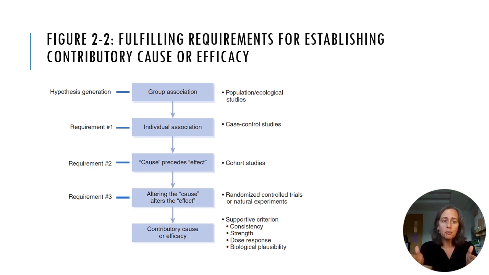Does the cause precede the effect, with those cohort studies where we enroll a bunch of people, some with a risk factor, some without, follow them over time and see what happens. And then requirement 3, we may not be able to do for contributory cause, because that's where your randomized controlled trials really come in. So we might not be able to do that for something that makes you sick. So then we're going to look for supportive evidence, things like consistency, the strength of the relationship, which we're going to assess by using relative risk, dose response, and biologic plausibility. Oh, and there's some animations.